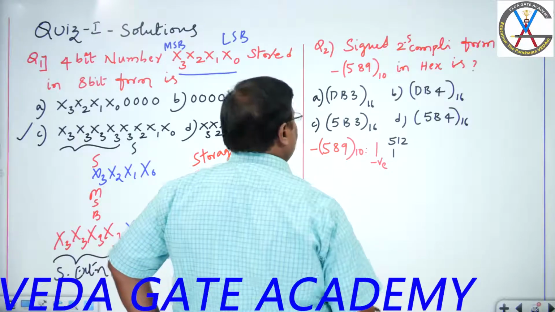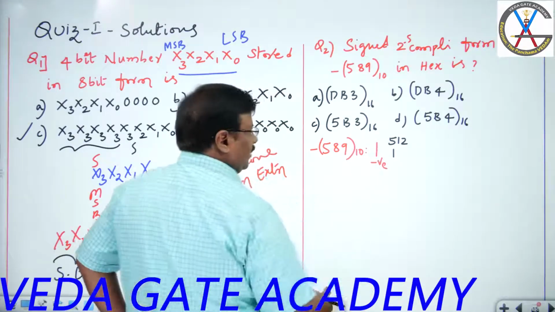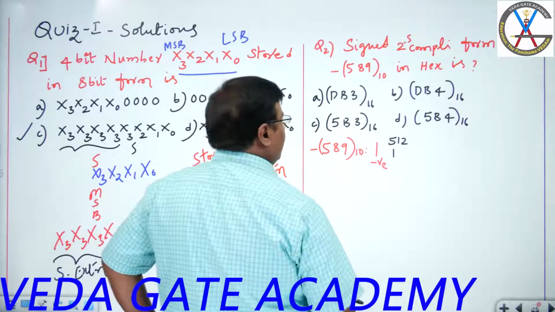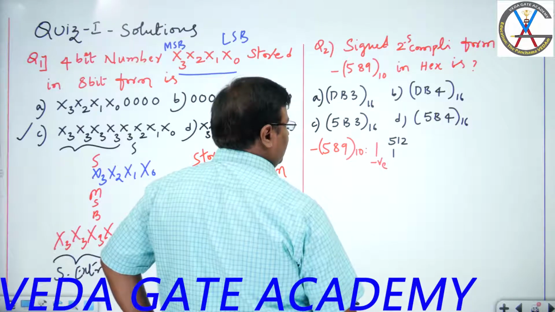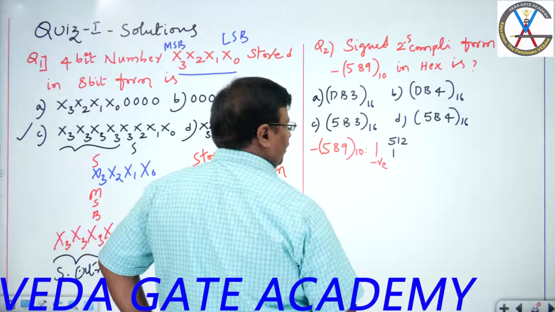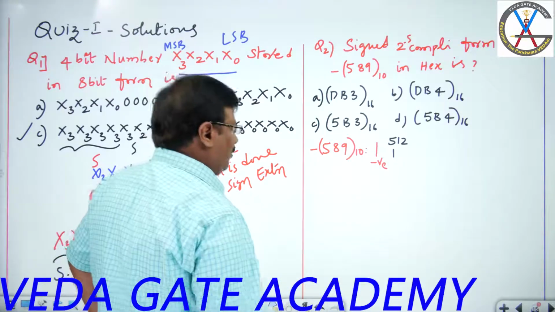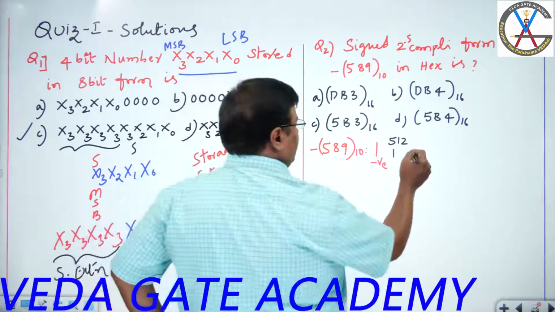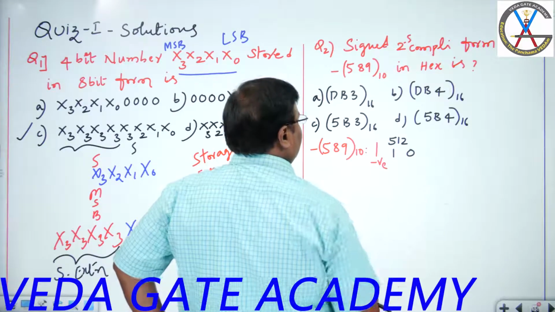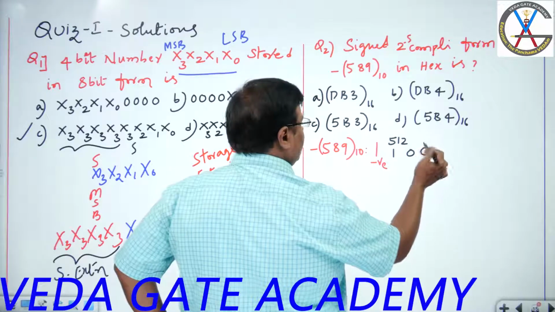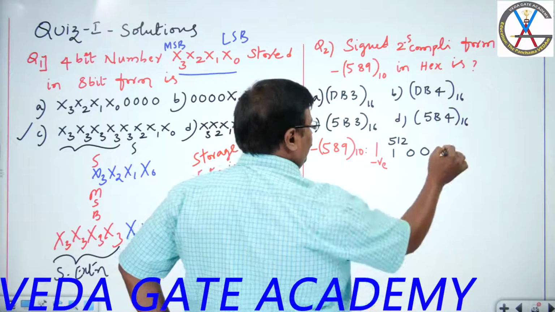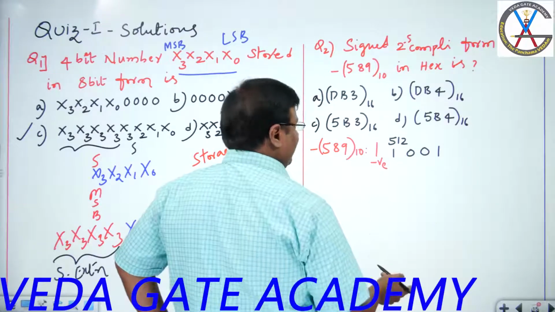You don't use it. How much more is required after 512? I think 77 more is required, no? After 512, to get 589, 77 more is required. So 256 absent, 128 absent, 64 present, 77 more.